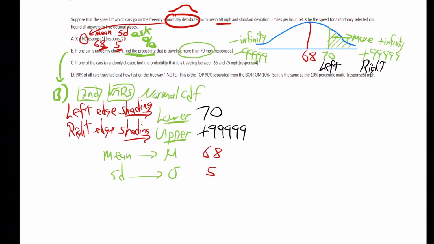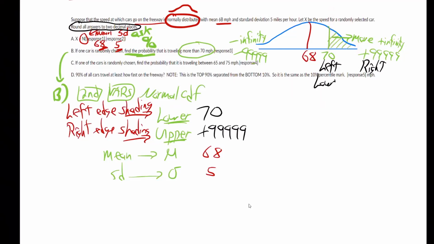So put that into your calculator, hit the buttons, and they want all answers. It says up here, round all answers to 2 decimal places. So again, I want to emphasize one more time that you have to do the shading on the bell curve. And once you've got the shading, that tells you the lower and upper. Why? Because the lower is the left edge of the piece of shading, and the upper is the right edge.